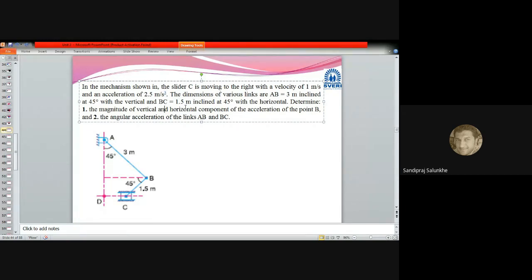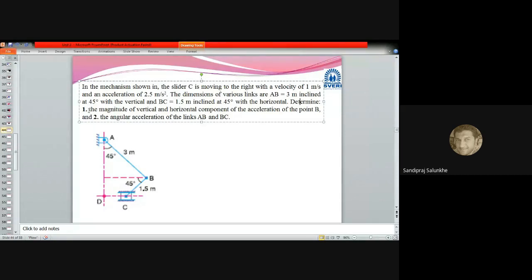The dimensions of various links are AB is equal to 3 meter, inclined at 45 degree to the vertical line. BC is equal to 1.5 meter, inclined at 45 degree to the horizontal.